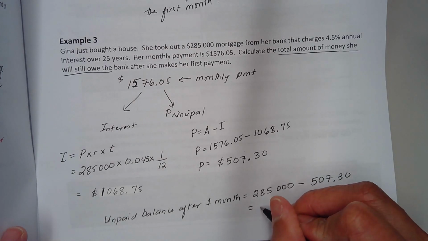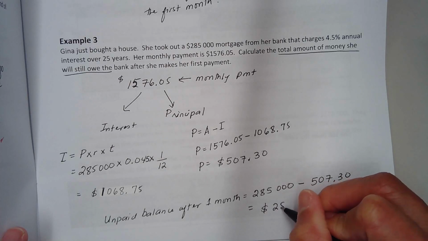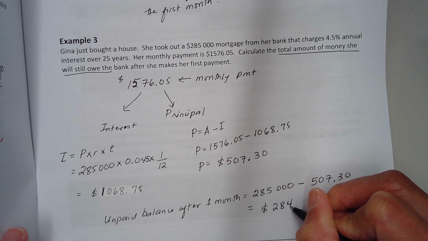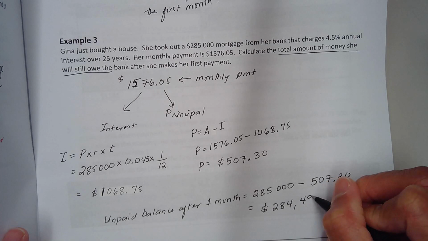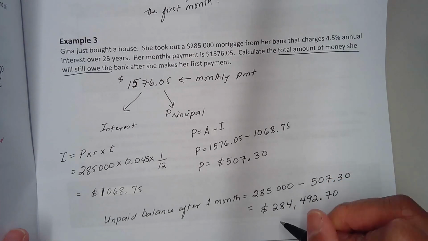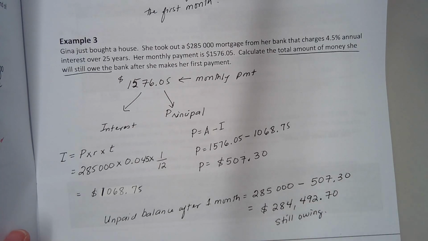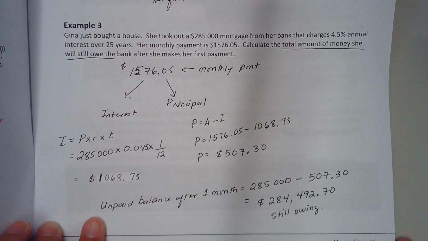So Gina still owes $284,492.70. Still owing.